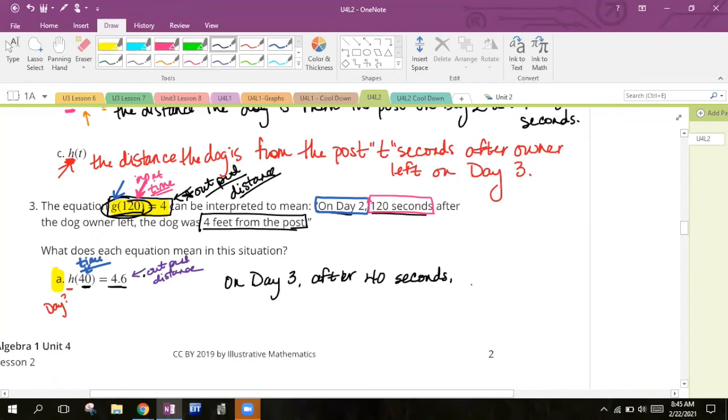So on day 3, after 40 seconds, the dog was 4.6 feet from the post.